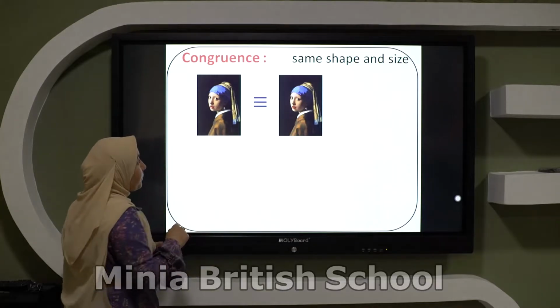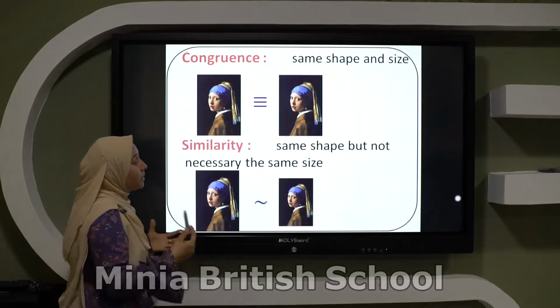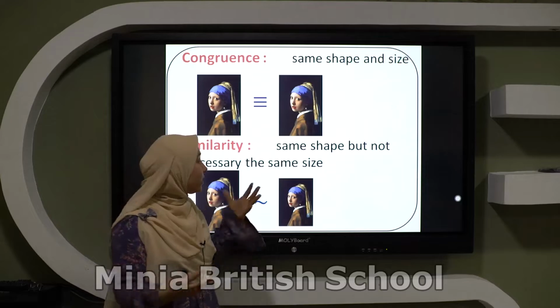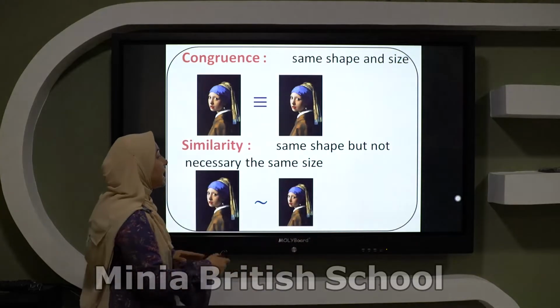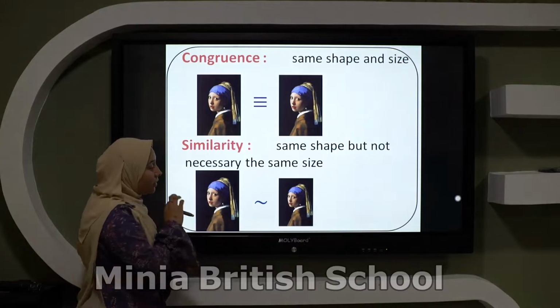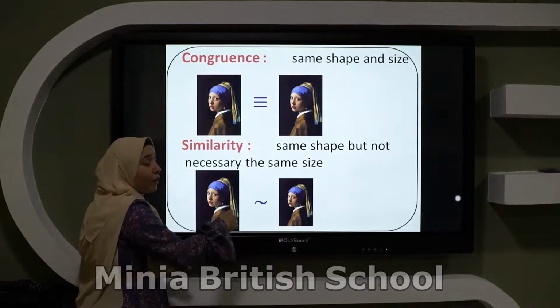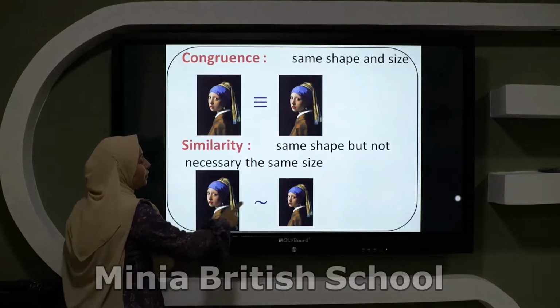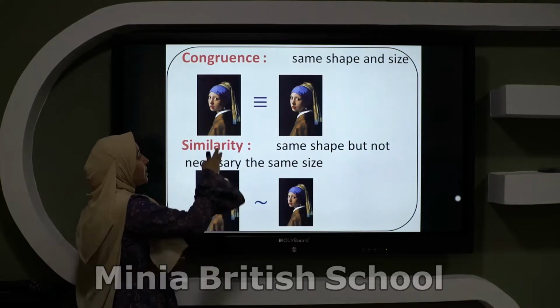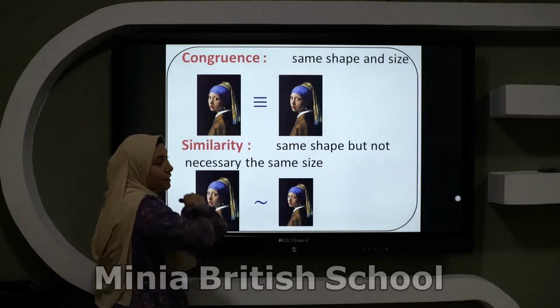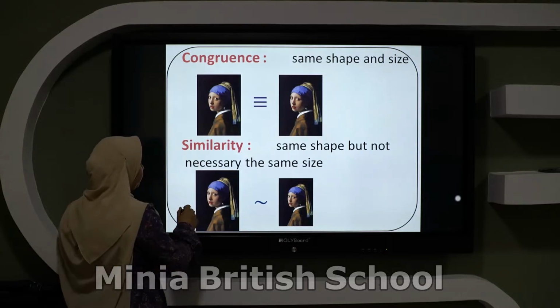But similarity means that the figures have the same shape but not necessarily the same size, and it's denoted by this symbol. This picture is similar to it, but this picture is congruent to this figure, okay?